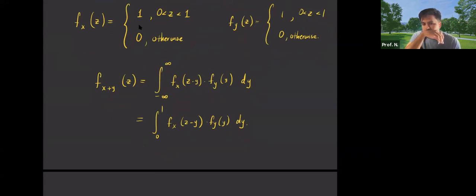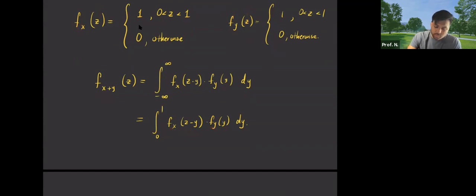So the thing is that these are uniformly distributed random variables, right? So anything you plug into Z or to the input of your PDFs, as long as it's between 0 and 1, your output will always be 1.